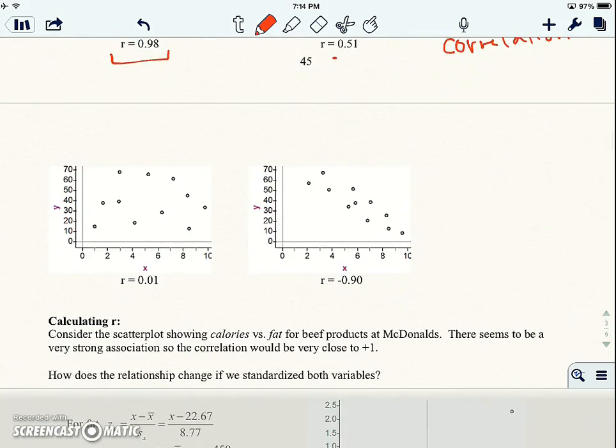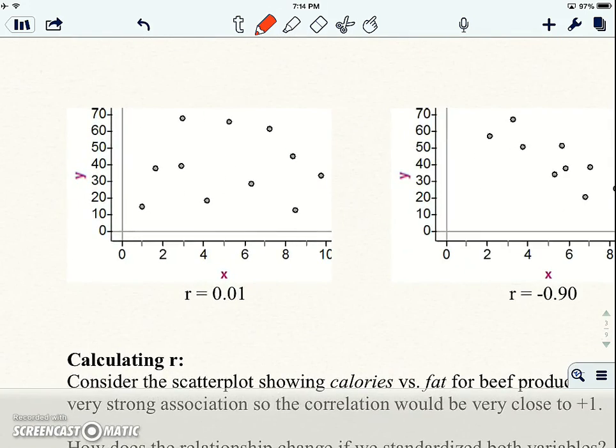All right. So then this one here, we have an R of 0.01 that's really close to 0. Notice the data is super scattered, right? So this is pretty much no correlation. And I'm going to start using the word correlation. Correlation goes with R. It's when we're talking about if there's a line. Okay, then maybe this has some other type of association, but it doesn't have a correlation.